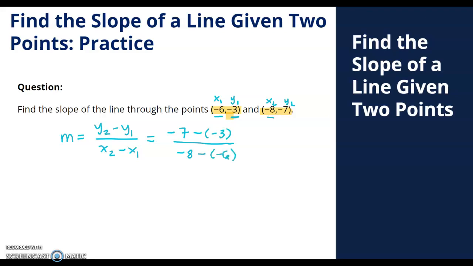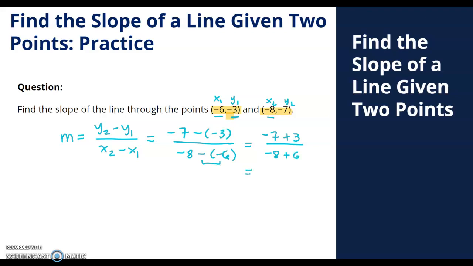So simplifying this, the numerator, -7 minus -3, the negative becomes positive, so -7 plus 3, divided by the denominator, -8, and then the double negatives here become positive, so plus 6.